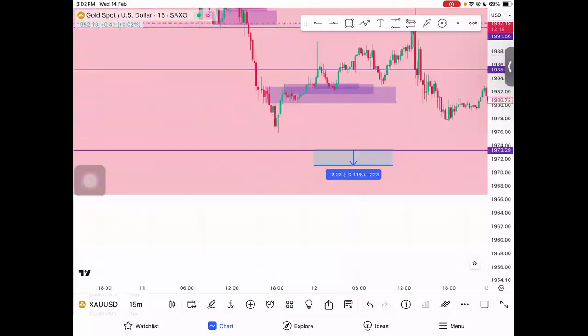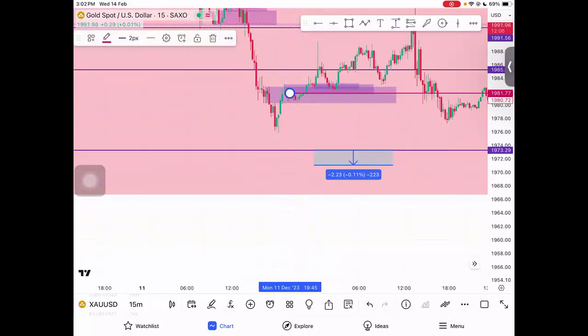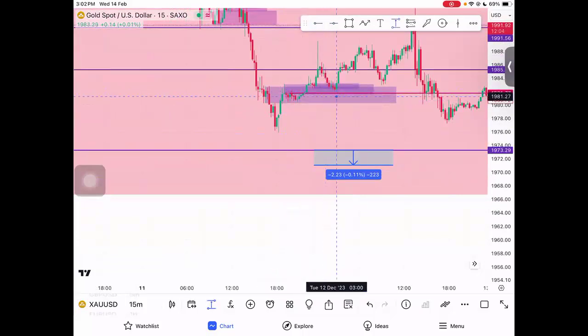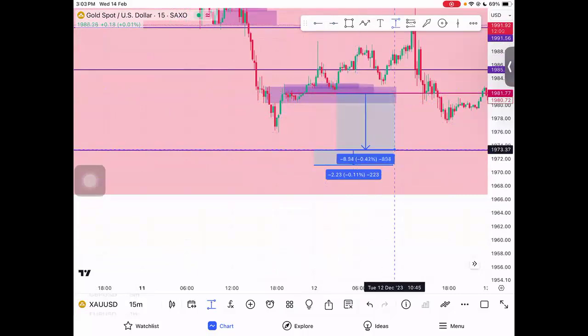If you already enter here, inside the zone, and price goes until here, you're already floating 80 pips.